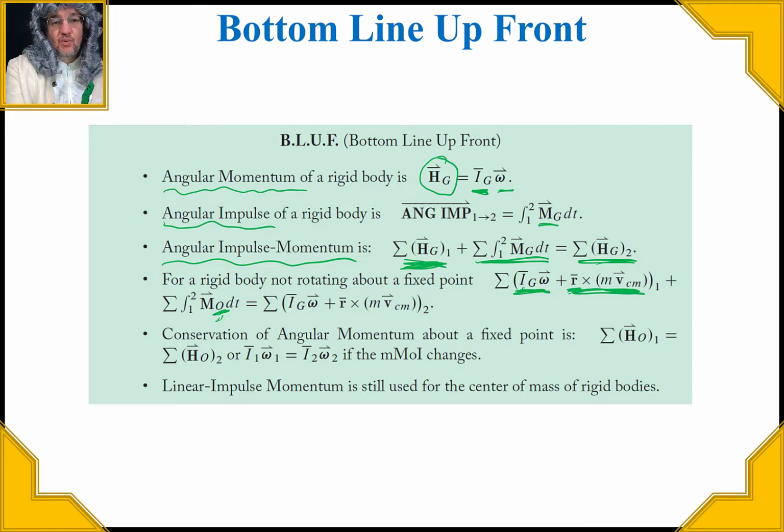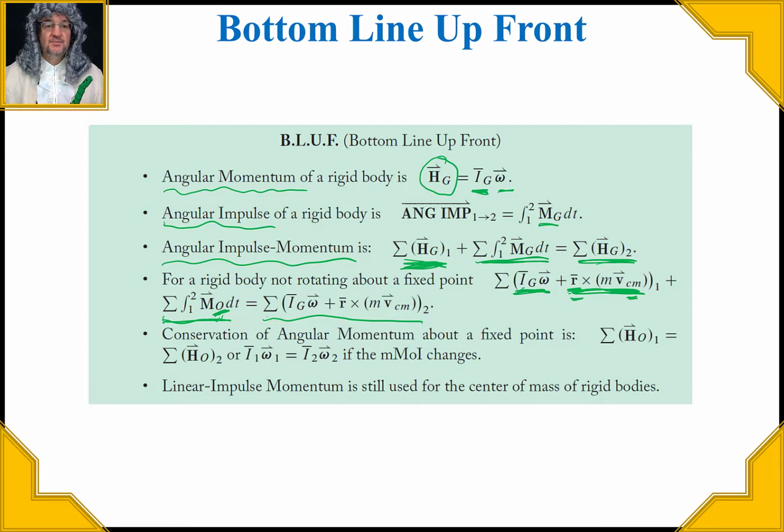So this is about point O, and here is the position vector from point O to the center of mass, and we're crossing it against the linear momentum, mass times the velocity of the center of mass. And then the angular impulse is added, and that's going to be here. So that's the angular momentum equation if there are multiple parts working together in a rigid body.